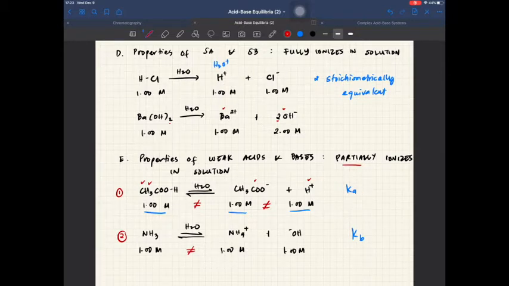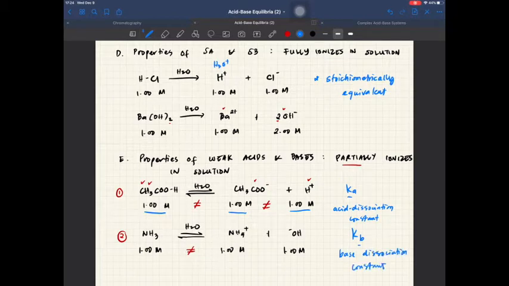What determines the extent of ionization of weak acids and weak bases is what we call the Ka and Kb. Ka for weak acids and Kb for weak bases. Ka is a shorter term for acid dissociation constant, whereas Kb is the base dissociation constant.